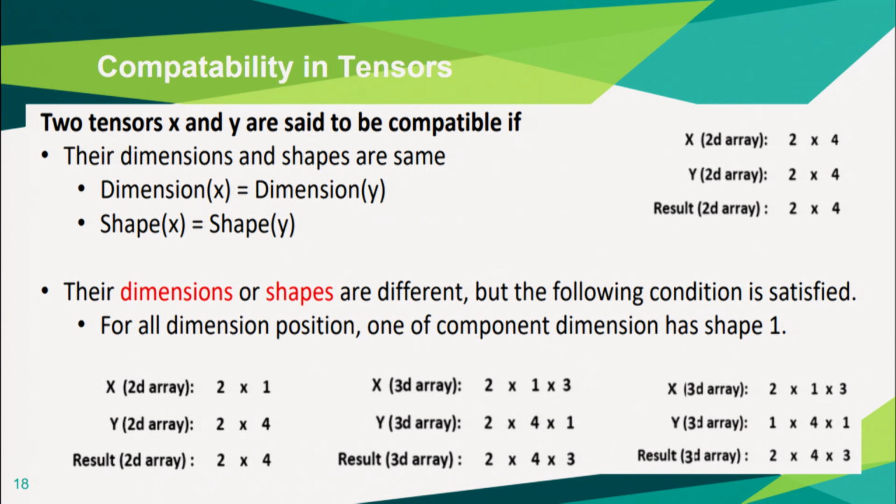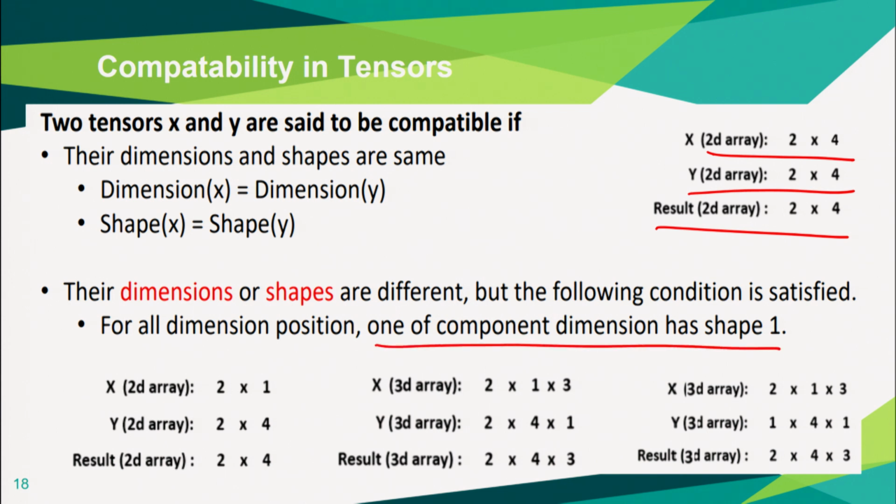If they have the same dimension and same shape, we can very well do the addition, subtraction, etc. See here, x is an array, y is an array with elements of shape 2 by 4, and you are getting a resultant. That is the simple case. Now, what is the other case? If one of the components has a dimension with a shape of 1, then we say that those two tensors are compatible.